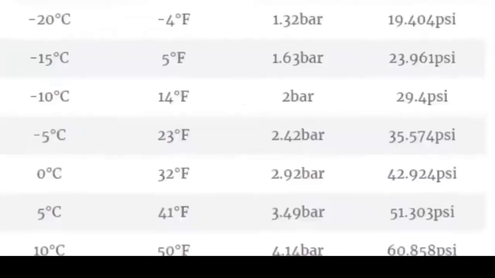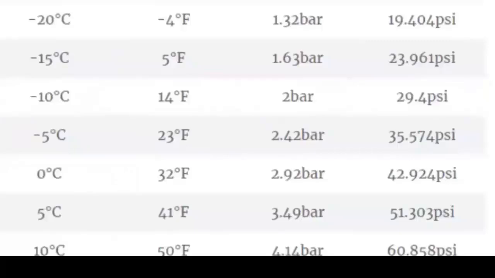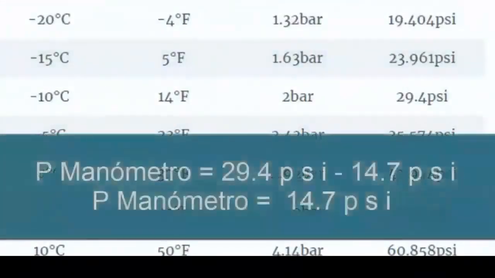Low pressure for equipment at -10 degrees Celsius. The table shows an absolute pressure of 29.4 psi. To find the gauge pressure, subtract the atmospheric pressure according to your local altitude from the table value.